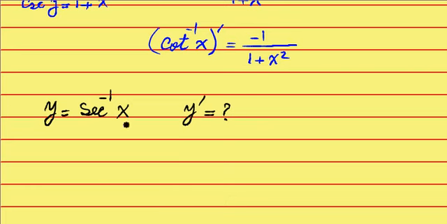If you have y is equal to secant inverse of x, then that means, just as before, secant of y will be equal to x. I differentiate this. Derivative of x is just 1. In derivative of secant, of course, you remember that is secant tangent. Is that right? Derivative of secant is secant tangent.